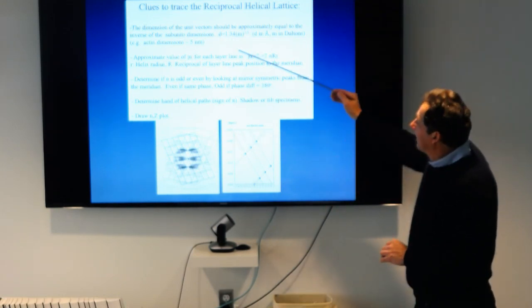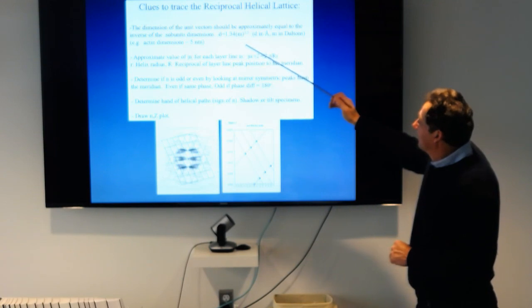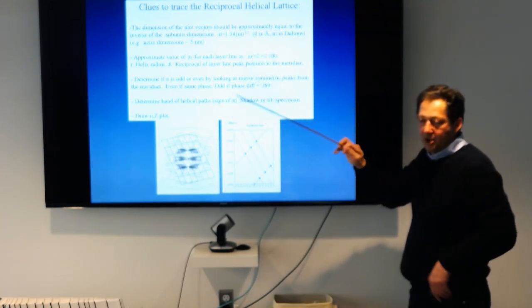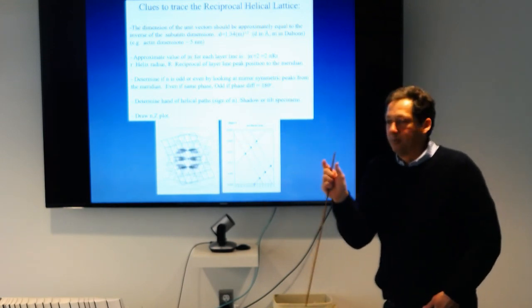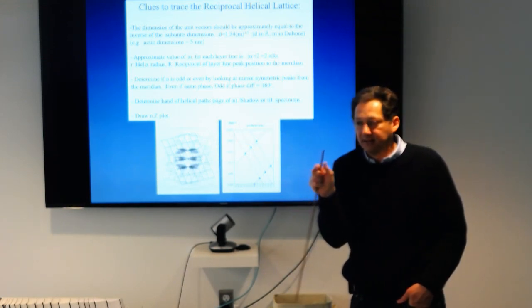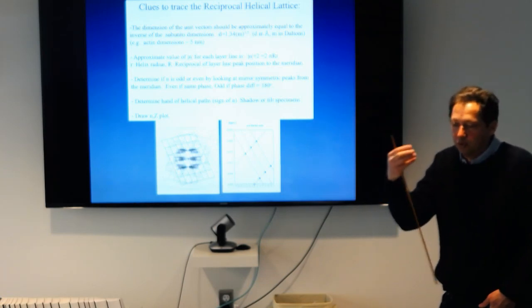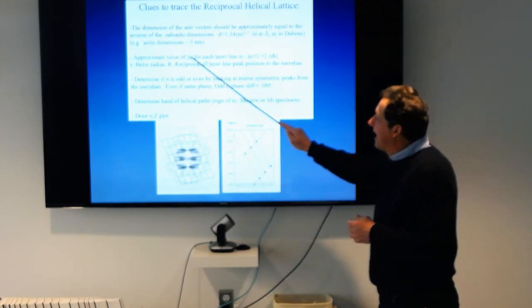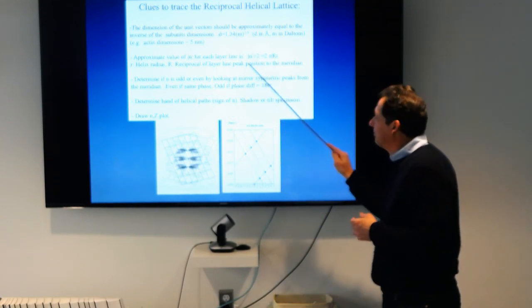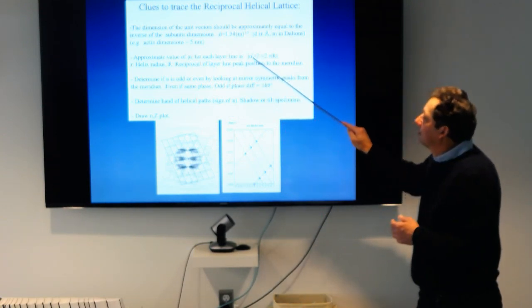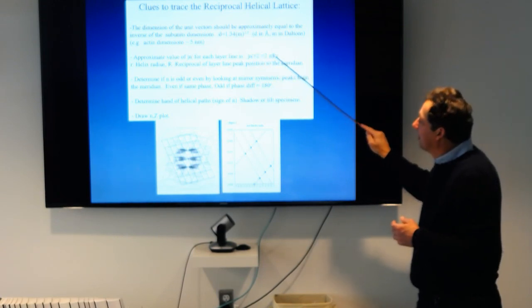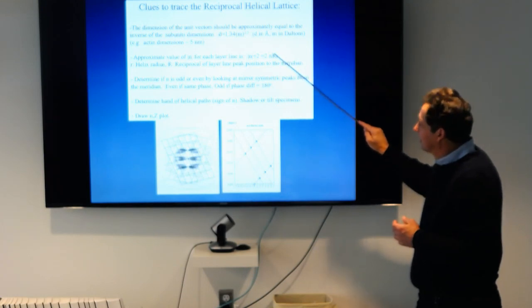Another rule that is quite useful is this: you're going to see the radius of your helix, something you measure in your micrograph. The value of n of each layer line is approximately equal to this equation, so it's proportional to P times R, capital R.